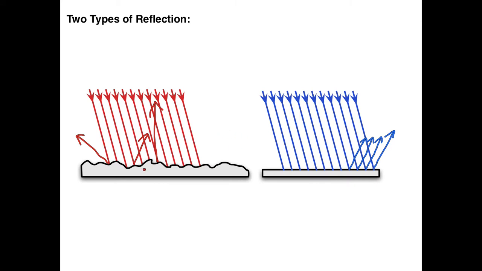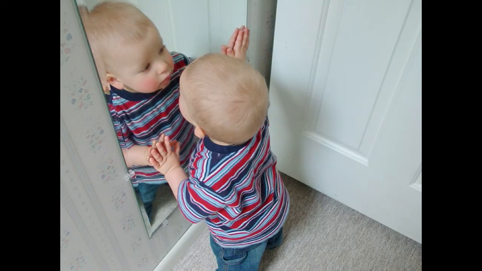This type of reflection is what we get off a rough surface. We are not going to be able to produce images with diffuse reflection. So we have diffuse reflection and we have specular reflection. Specular is the one off of the smooth surface, diffuse is the one off the rough surface.